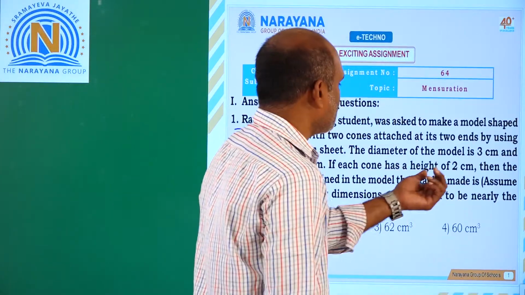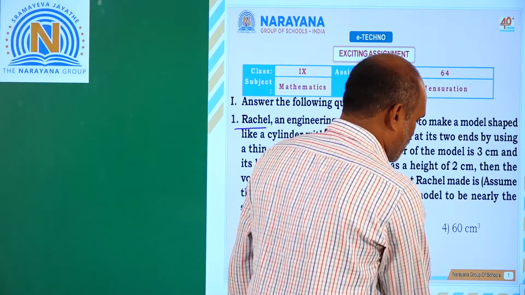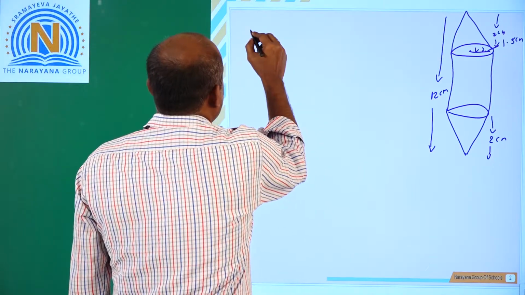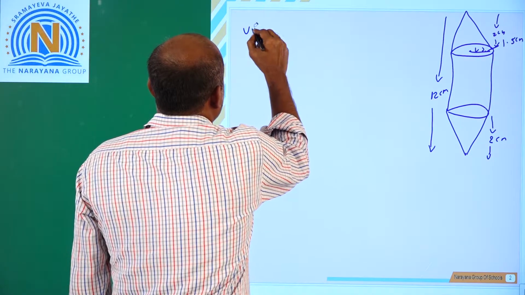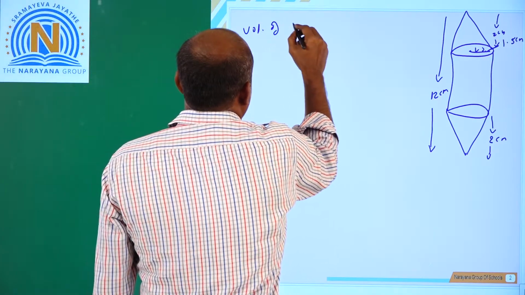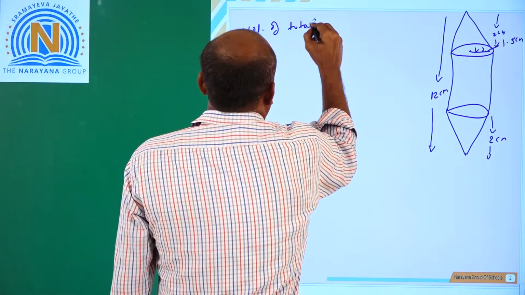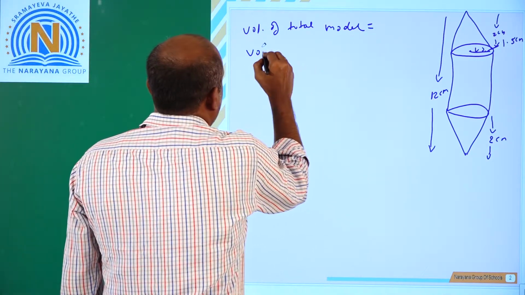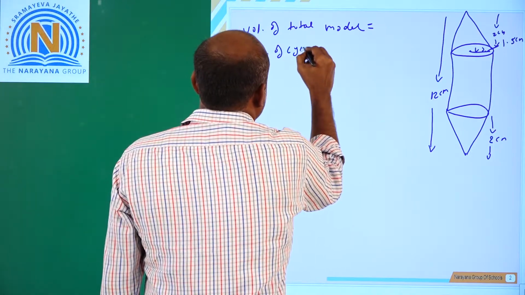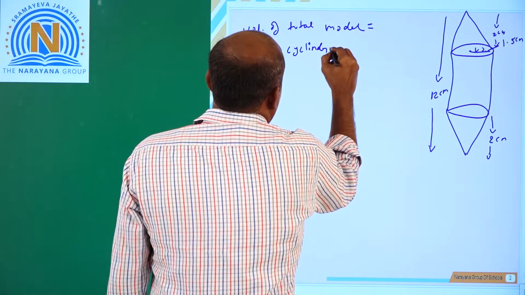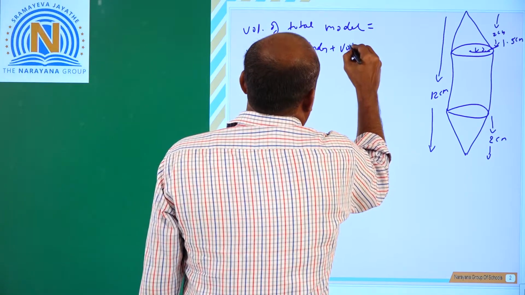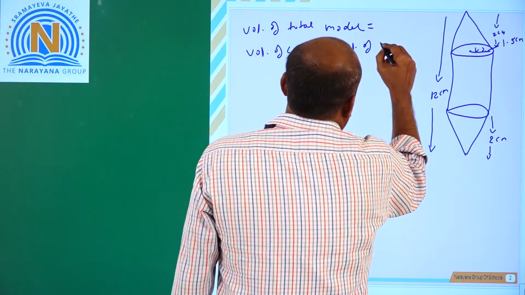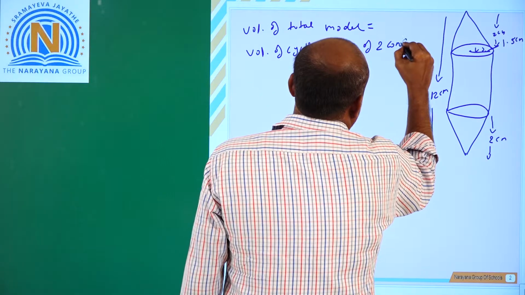Now air is nothing but volume, the volume of this total model. Volume of total model is equal to volume of cylinder plus volume of two cones.